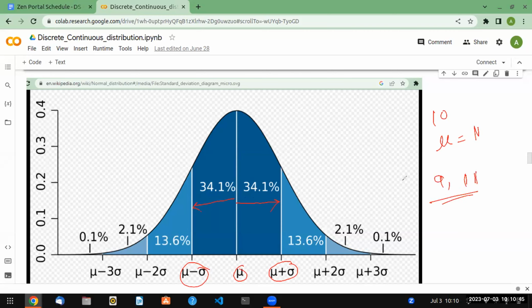So between 9 to 11, if this is my 10 and sigma is equal to 1, I can say from 9 to 11 weight, I have 68.2% of my customers. In other words, 68.2% of my customers are falling within the first standard deviation, mu minus sigma to mu plus sigma.